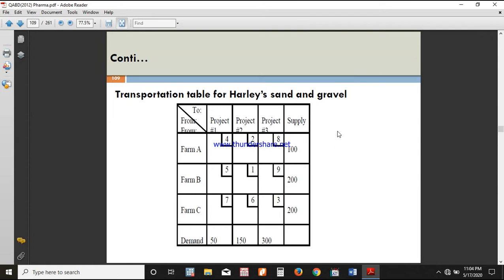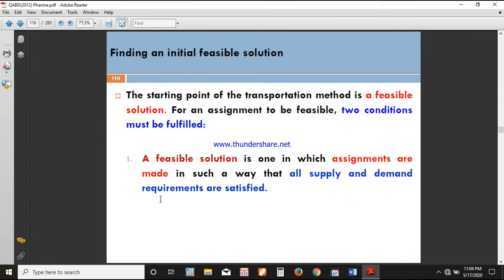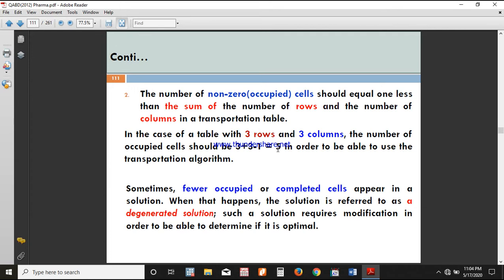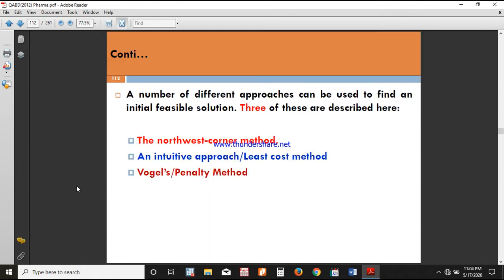Therefore, the feasible solution requires 3 plus 3 minus 1, which is equal to 5 occupied cells, in order to find the total cost of this model. Sometimes fewer occupied cells may appear in a solution. In that case, we consider it a degenerate solution. This degenerate solution sometimes may require some modifications.